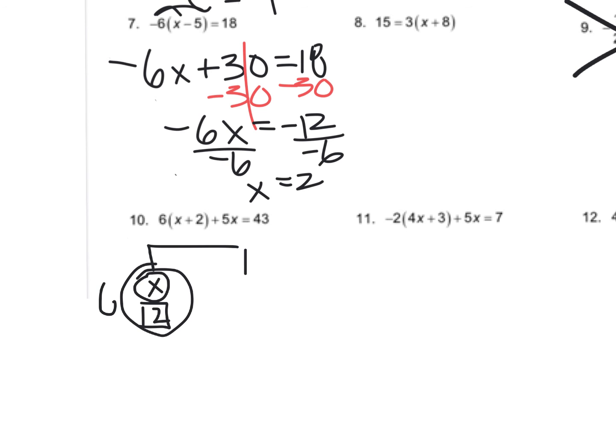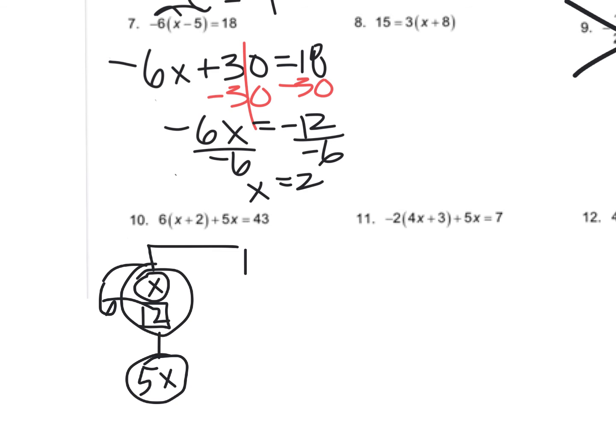Imagine like I have 6 of those grouped together, and then on this side as well, we have 5 x's, right? So if we distribute in to all this, we would have 6 x's and 12, and then we could take the 6 x's and the 5 x's and combine them. You could also take the 5x and move it to the other side.